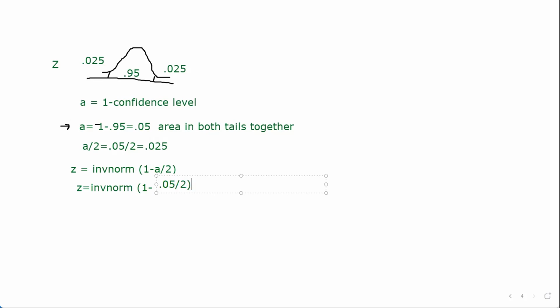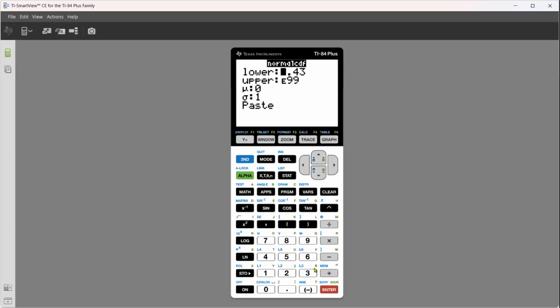Now, if you put this in your calculator, we're going to switch screens. So I'm going to share the calculator here. This is going to be second quit. And I'm going to go second distribution, inverse norm, number 3.